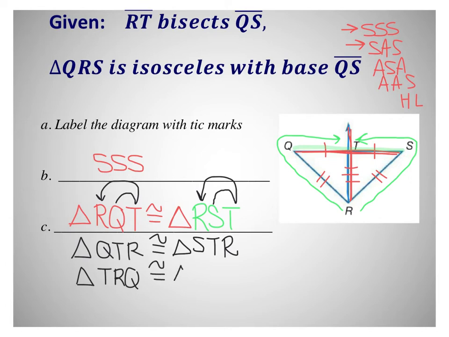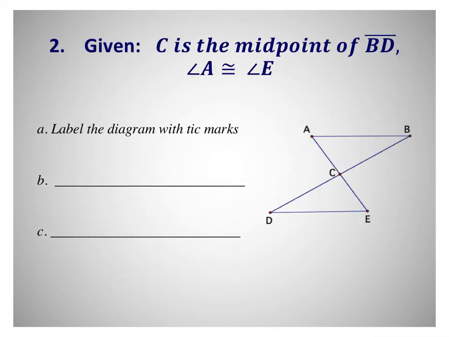TRQ would be congruent to, so I started at the back, T, went to the front letter, R, and then the middle letter, S. These aren't the only two other options. There are many, many more, but I just want you to know that there are many ways to write the first triangle, and then you have to follow the same order for the second triangle. You have to go in corresponding order.